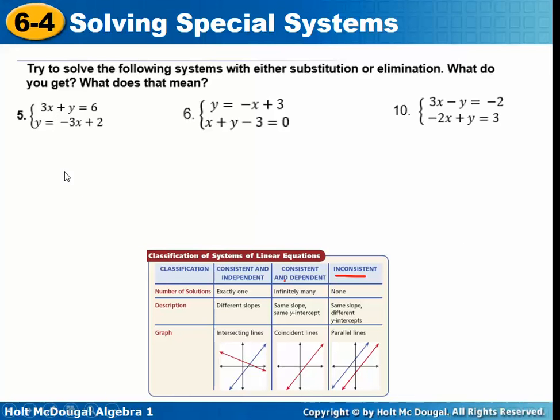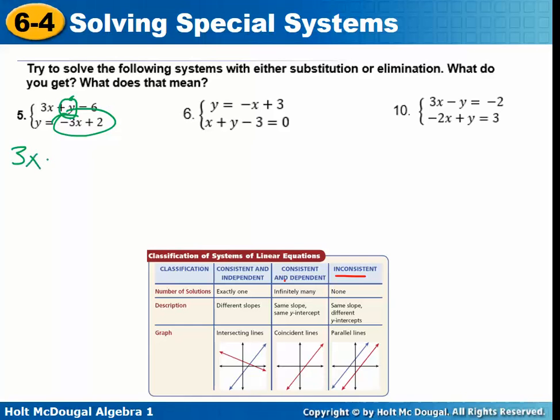Okay, so let's look at how to solve these. Number 5, we have 3x plus y equals 6, and y equals negative 3x plus 2. I think that I will use substitution, and I will substitute what y is from the second equation back up into the first.